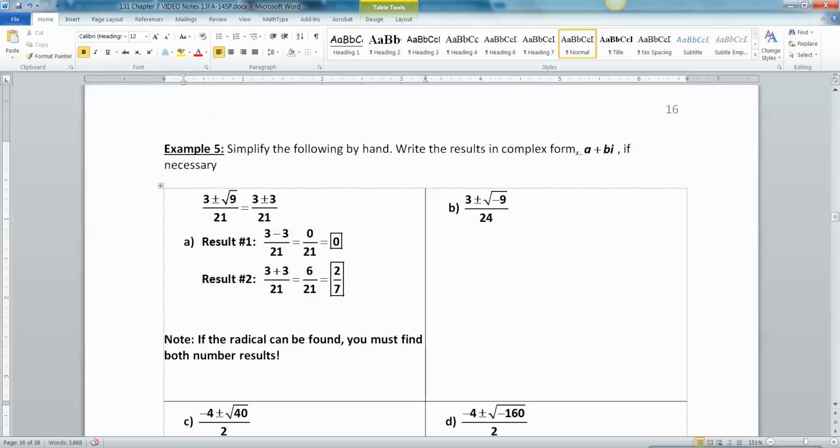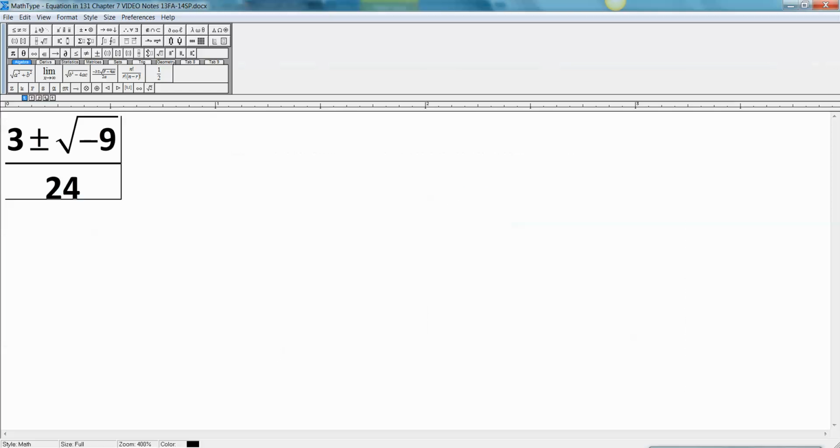All right, so now what about this next one over here? So this is 3 plus or minus, well, we can break this down, right? Because the square root of negative 9 we just learned is 3i. I comes from the negative, and 3 comes from the square root of 9. Now you are not done with this.